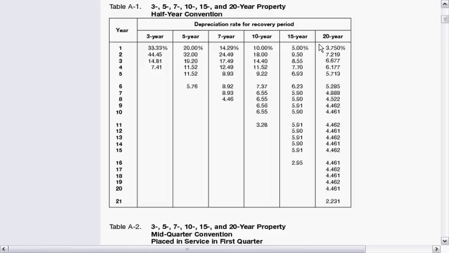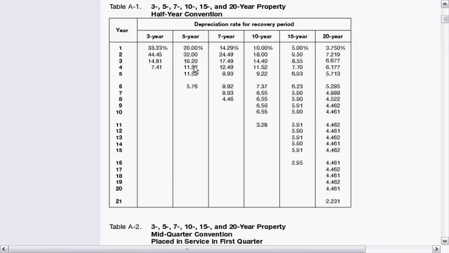Now, the way you use the tables is you simply take the cost basis of the asset, that's how much you paid for it, and multiply it by the certain percentage that's right here, and that's how much depreciation, which percentage of the cost basis you take as depreciation each year. So, for example, focusing in on this 5-year asset, say you buy yourself something like a $10,000 car.